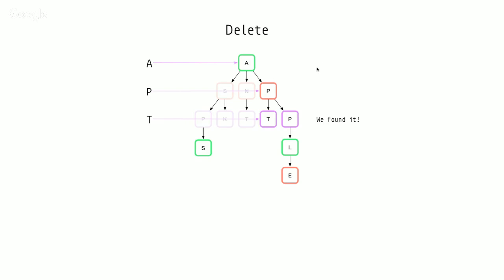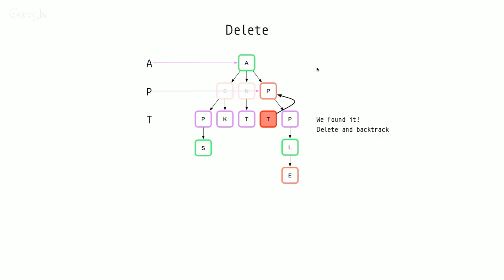So we only need to delete the nodes that aren't essential for other words to be represented in the data structure, which basically means go back up the try in the same way that you traverse downwards and delete any nodes without any children. So the first thing we're going to do is T doesn't have any children, so we're just going to delete that.